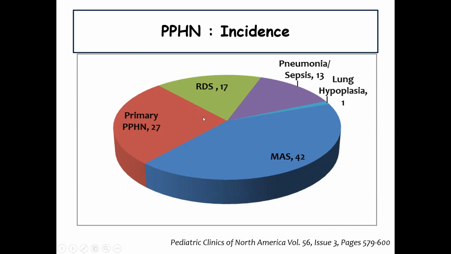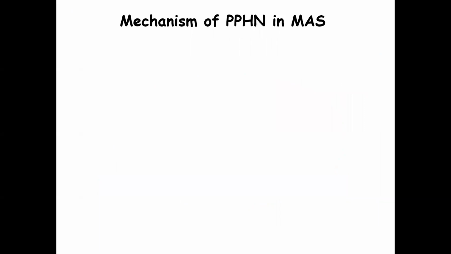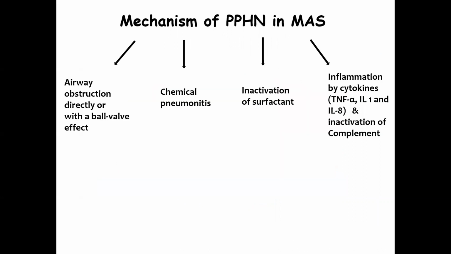Up to a fifth of PPHN can be related to RDS, and RDS tends to be the commonest cause of PPHN in the preterm population. The rest of the cases are usually secondary to congenital or acquired infections, pneumonia, and lung hypoplasia as a sequel to oligohydramnios or to associated malformations like diaphragmatic hernia. And the overall incidence of PPHN tends to be something like 2 per 1,000 live births, or 0.2%.